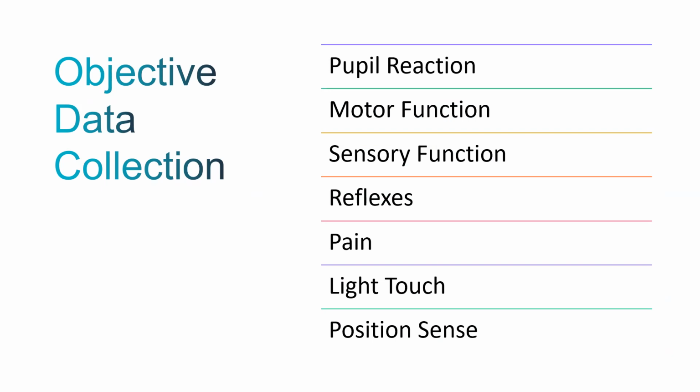objective data collection. We are going to assess a patient's mental and emotional status, looking at what's their behavior, what's their appearance, their language ability, any kind of intellectual functioning.